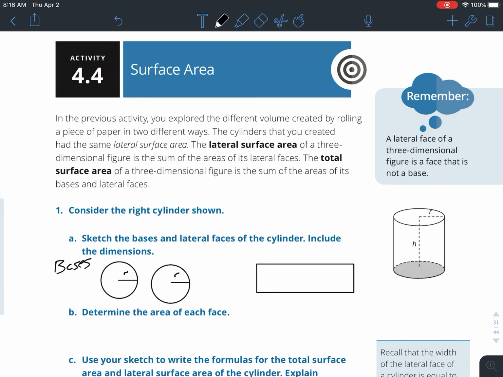Because obviously, if it was a square spinning, it can still work, but a better cylinder is a little taller than it is wide. So a lateral face is this. And the properties, as we've talked about before, are the height, which is the h, and then because we're going around a circle, it's going to be 2 pi r.